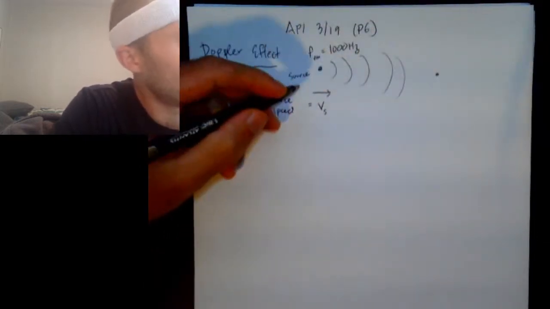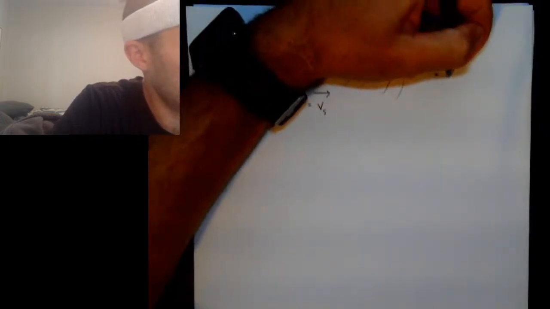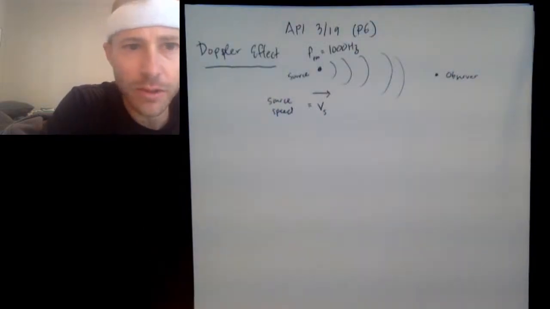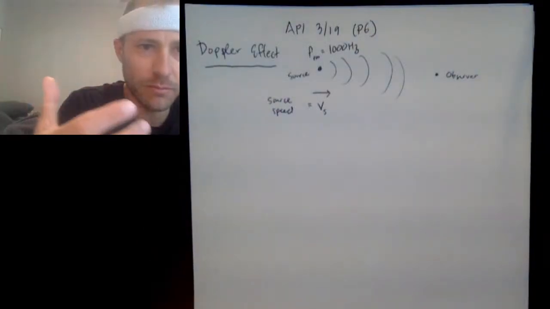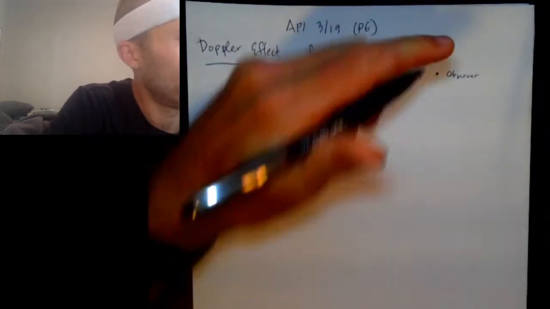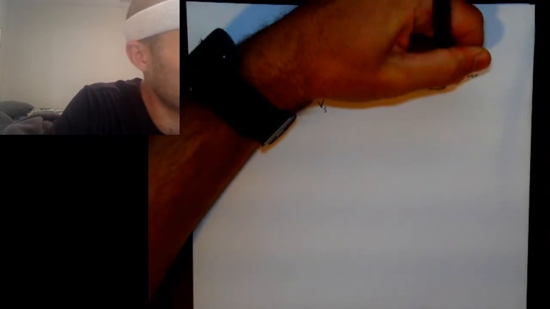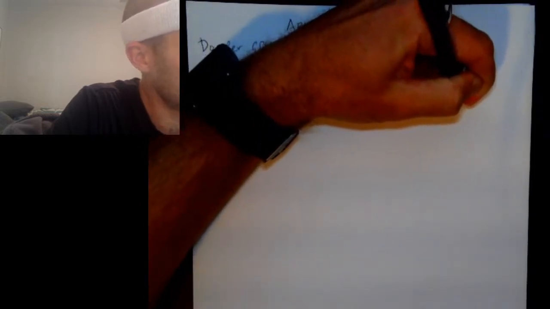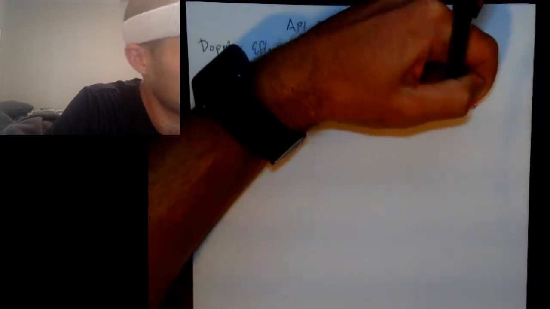Then we have an observer of the wave. So we have a thing that's creating the wave and a thing that's perceiving the wave. And so the observer is also moving. And we are going to call V sub O the observer speed.